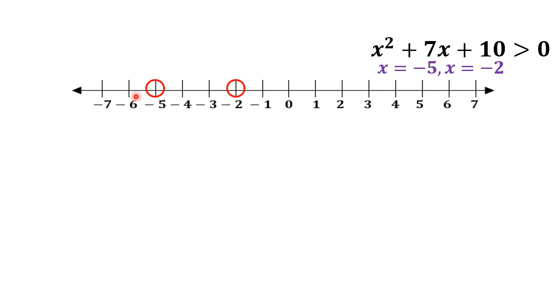Okay? So, let's say we choose negative 7 in this first region. So, what we will do is substitute negative 7 into x squared plus 7x plus 10 is greater than 0. So, negative 7 will replace x. Okay? So, if our solution turns out true, then the first region is part of the solution set.